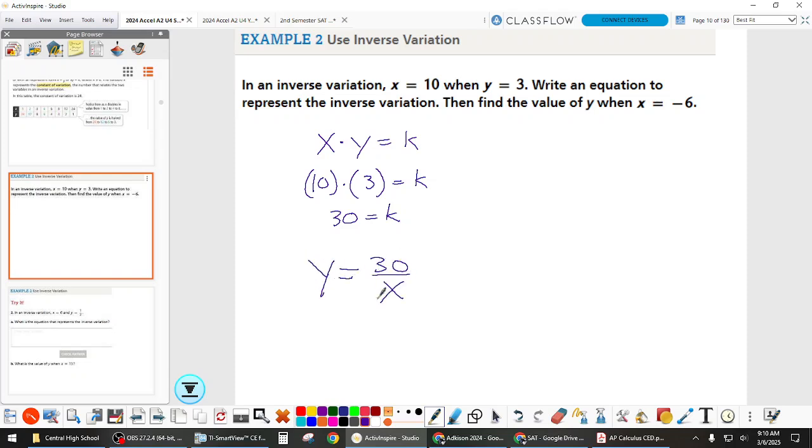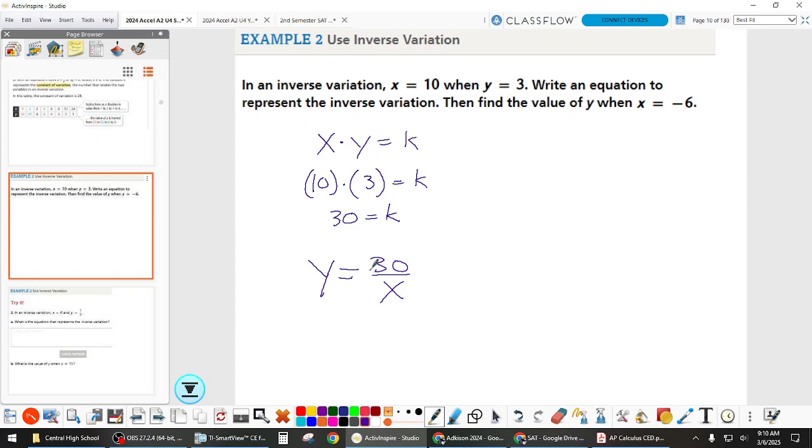If we isolate y like we typically do, or f of x, then this would be our function rule. Okay? So now you're looking at a reciprocal function, aren't you? As we get closer to 0, 30 divided by something tiny is what? Something gigantic.